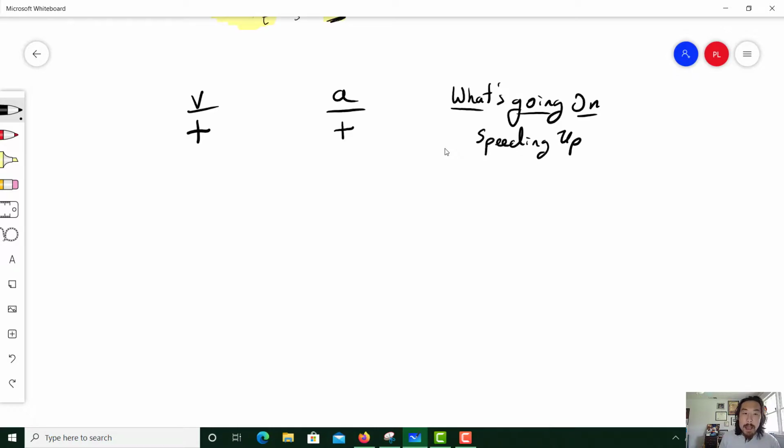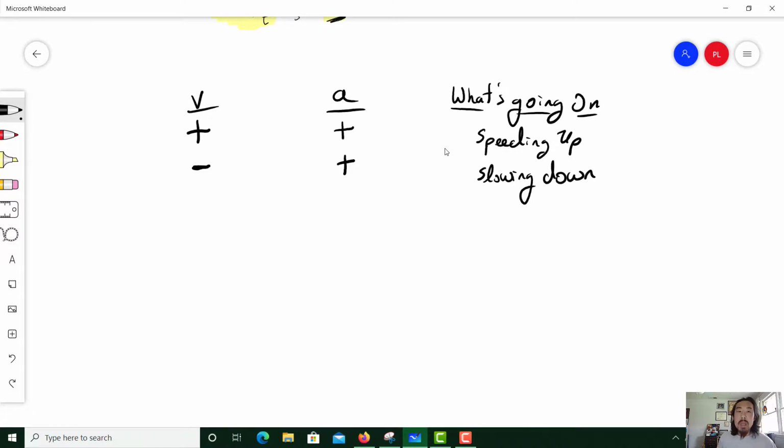Now, if we have an object that is moving to the left, or the negative direction, and we have a positive acceleration, so we are moving to the left, yet the object is accelerating to the right, now we are slowing down. Okay, very important.